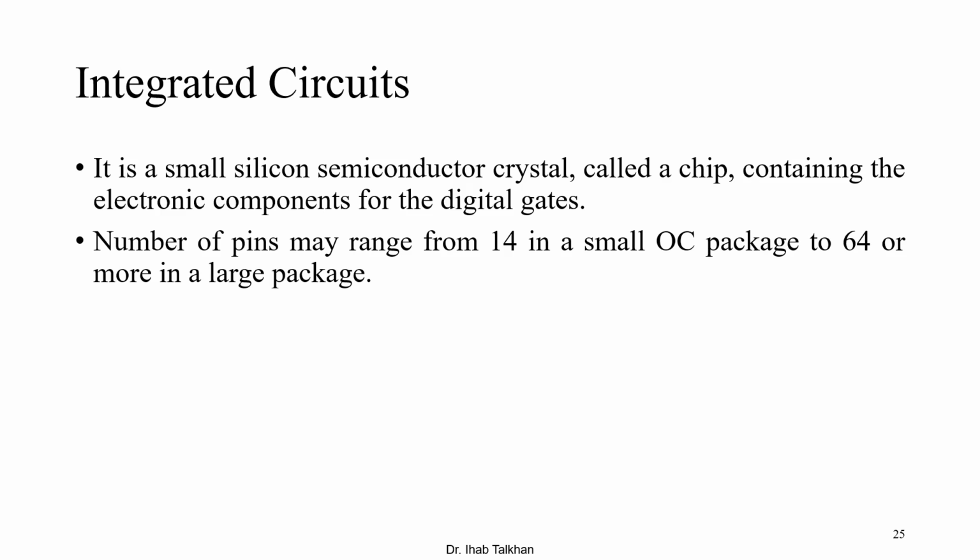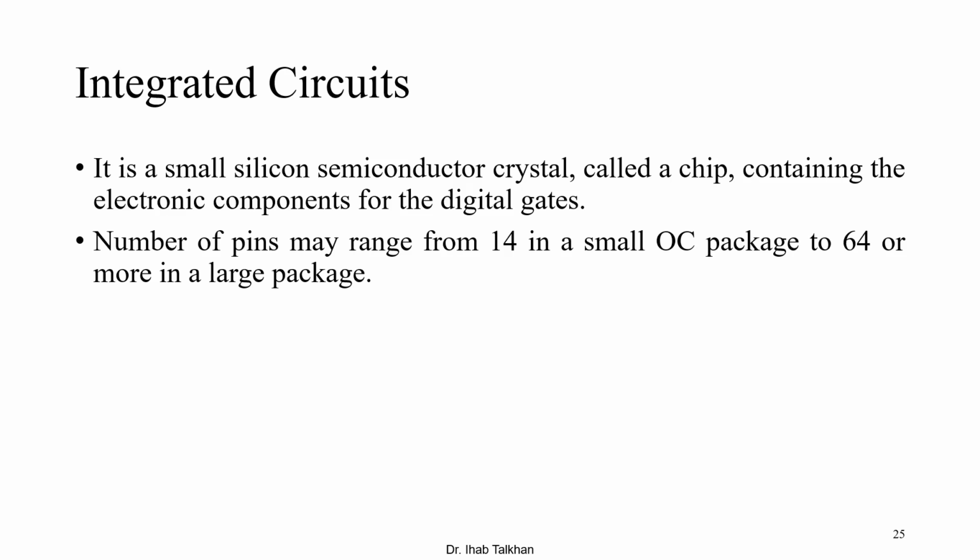As you can see, integrated circuits have a certain number of pins, starting from 14 and going to 64, 128, and more. The more pins you have, the more control you have over your chip, because this is the relationship between you and the circuit inside your IC. What you see from the IC is its legs.